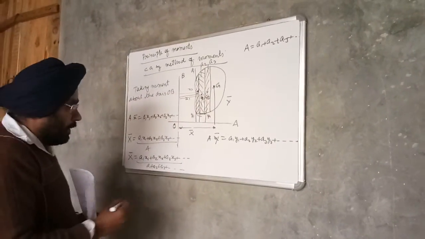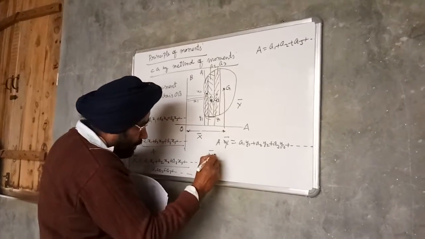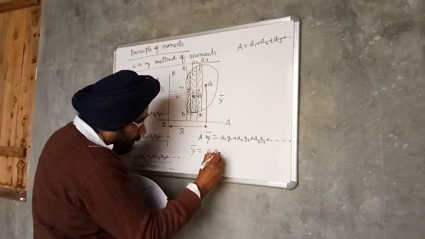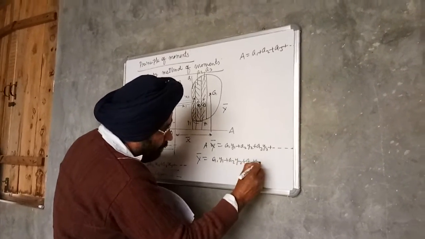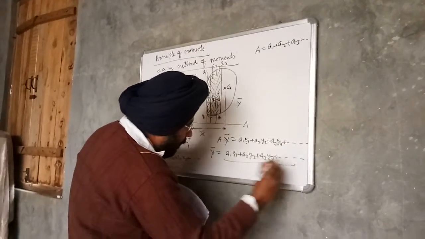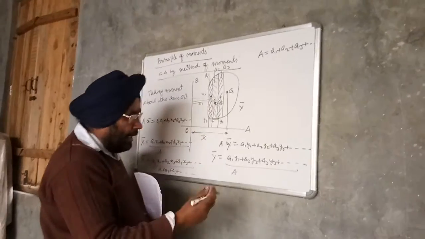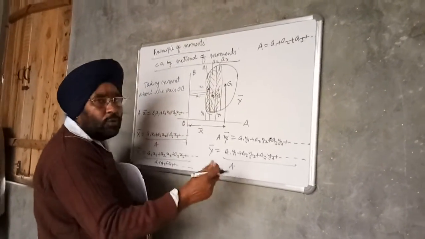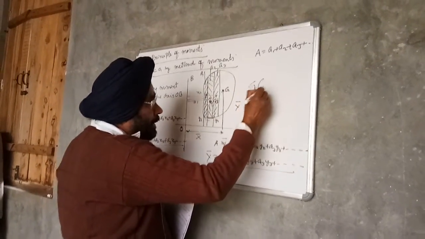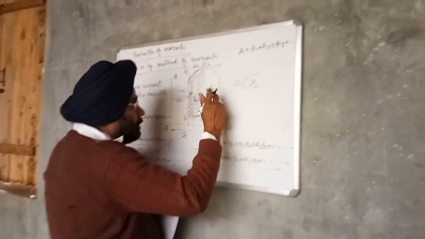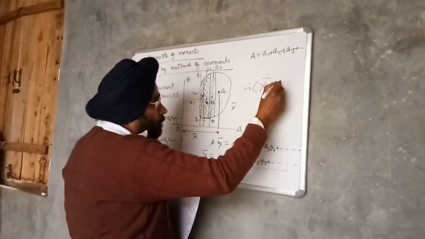So y bar is equal to A1 y1 plus A2 y2 plus A3 y3 and so on, upon A, where A is equal to A1 plus A2 plus A3. So these are the coordinates x bar, y bar of the CG of the area A.